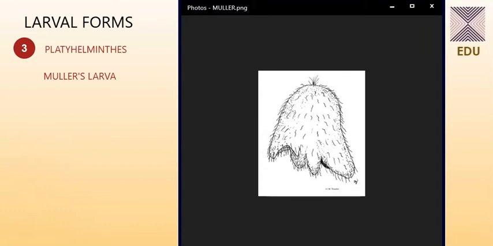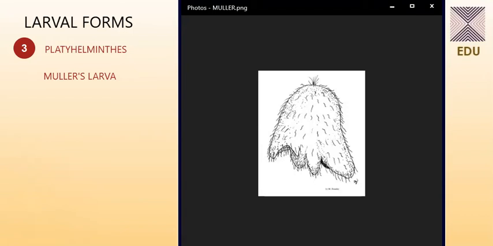So in structure, it is very comparable to the ctenophores. Now the Müller's larva is ciliated, as you can see in the diagram also. It has several paired and unpaired lobes, as you can see on the lower side of the larva.